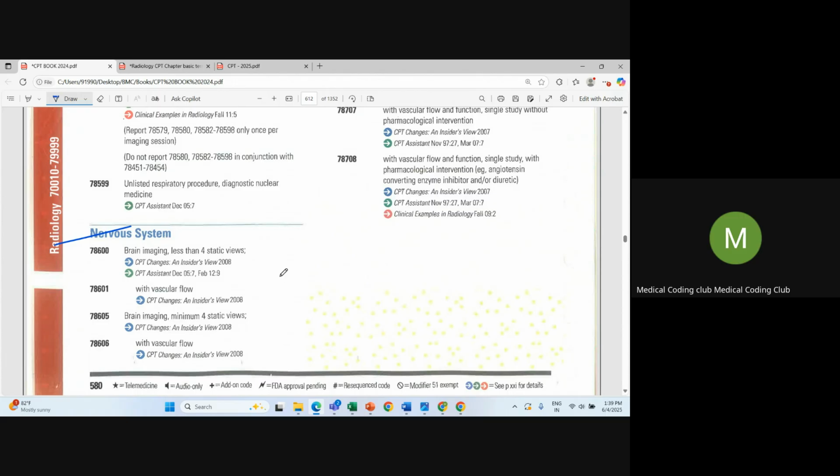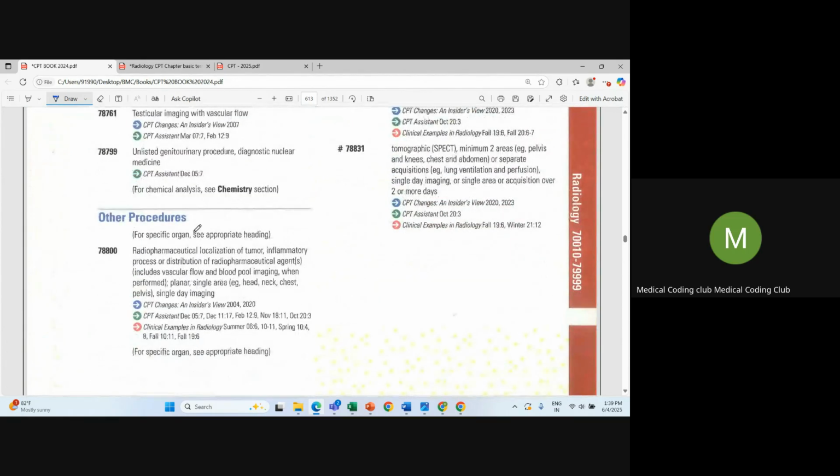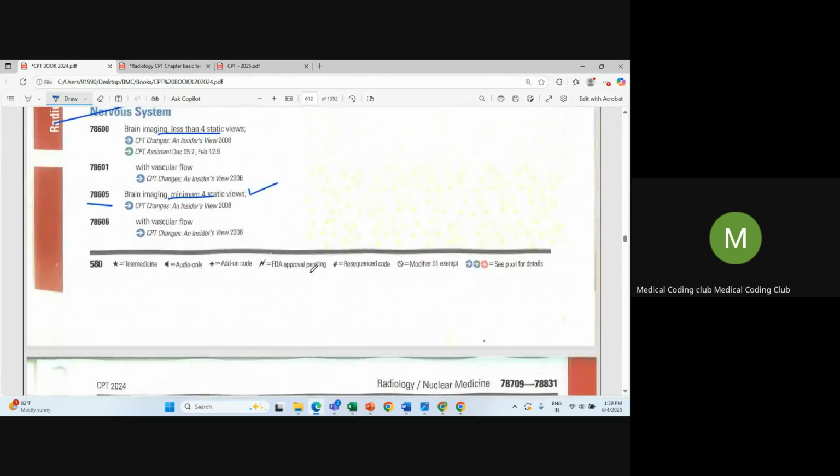So for 4 static views, you have to code 78605. Okay, minimum of 4 static views. 78600 is less than 4 static views. If you get 3, 2, 1, you can code 78600. If you get 4 or more, you can code 78605. Okay, so that's how it varies by system under nuclear medicine.